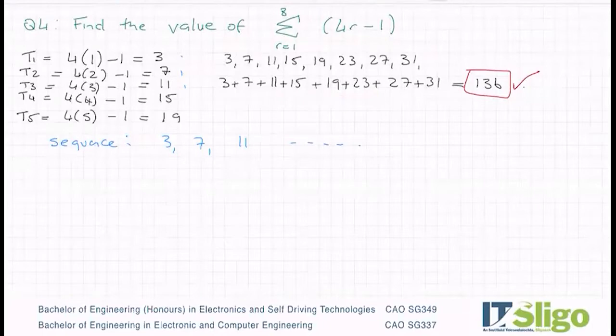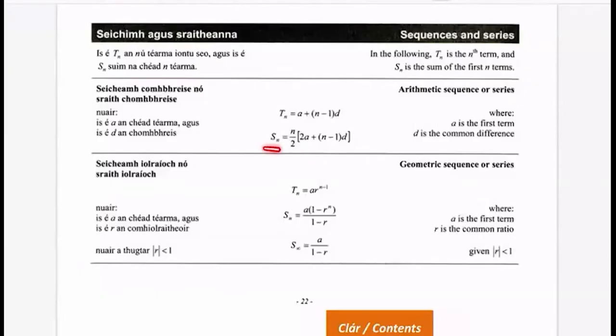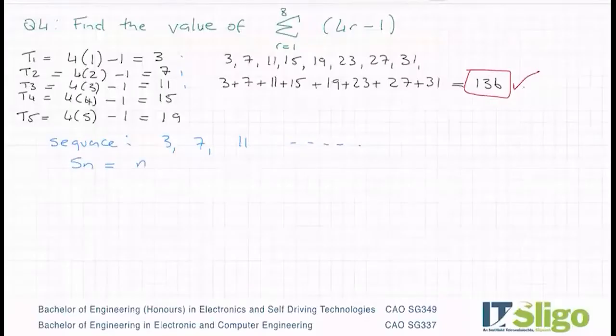So you would then use the SN formula that's in the log tables for the sum of a number of terms: n over 2, times 2a plus n minus 1 times d. That is in the log tables on page 22.